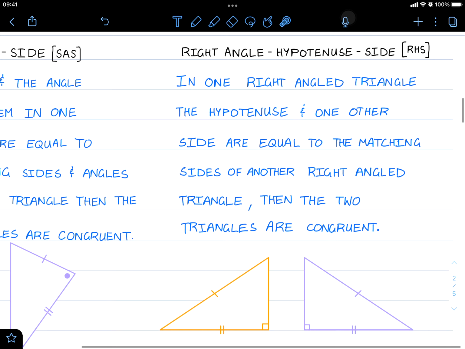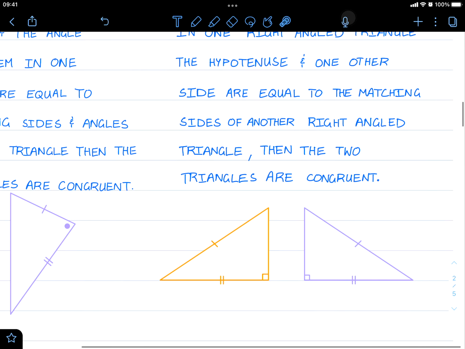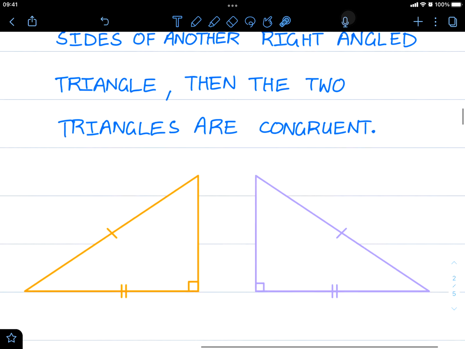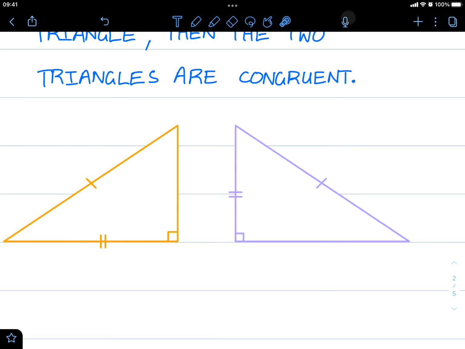The last one, RHS, right angle, hypotenuse, side. So we need to have a right angle and the same hypotenuse in both triangles. And if we can find that one more side is equal, then these two triangles are congruent. So for example, if we are told that instead of this side, it was this one, unfortunately that is not enough because these are not matching positions.